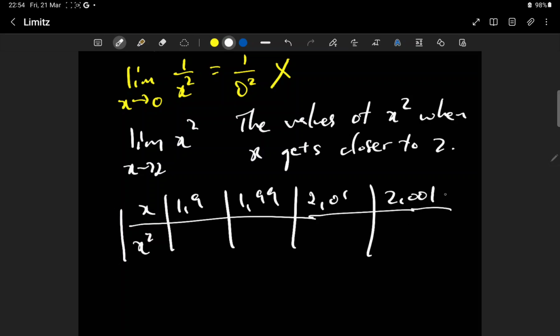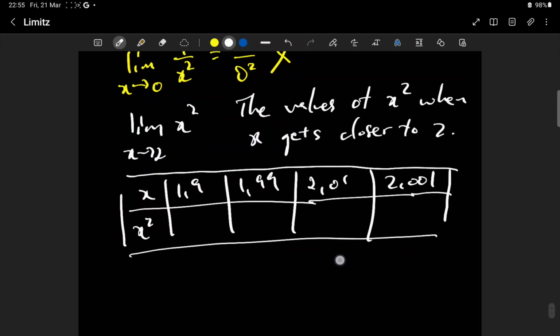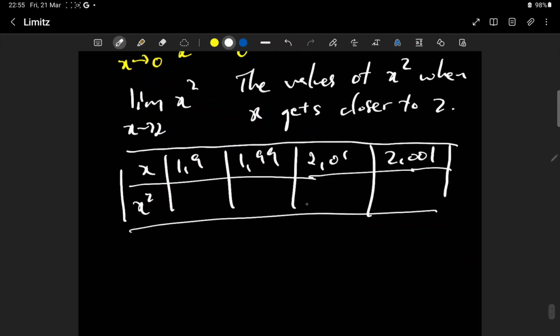I don't have a calculator with me right now, so I cannot evaluate these numbers. But if you do this with your calculator, and you put 1.9 squared, 1.99 squared, 2.01 squared, 2.001 squared, you would realize that those numbers will be closer to 4.